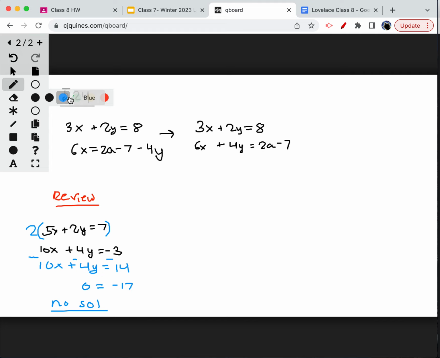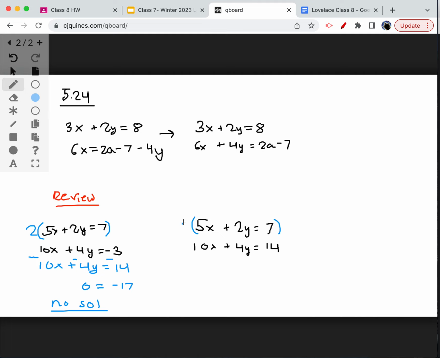So, on the other hand, let's look at when a system would have infinite solutions. So we have this and this. So again, we'll try to solve this system with elimination, which means we'll just multiply the entire first equation by 2.